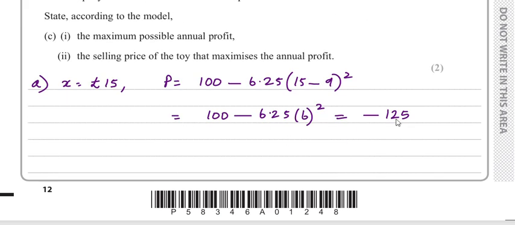Obviously, if profit is minus 125, it means it's a big loss for the company. Therefore, the company will be making a loss. So we need to say that x equal to £15 is not sensible, as the company will be making a loss.